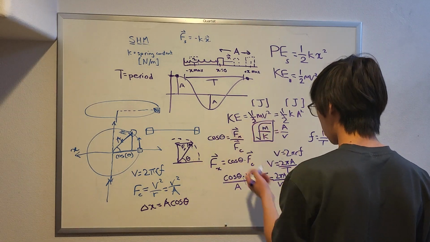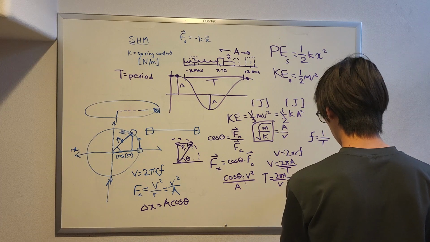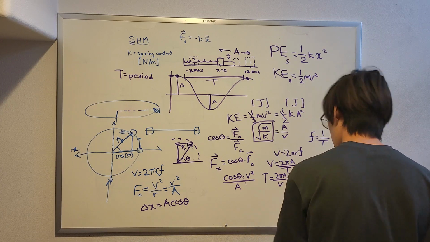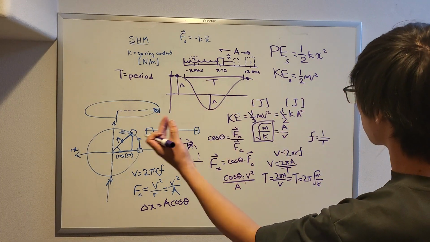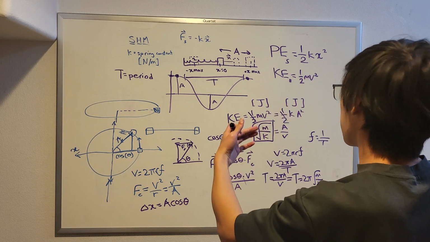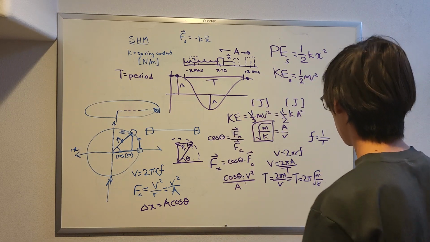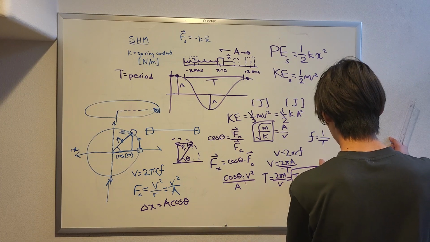It's right here. So this gives us t equals 2 pi times square root of m over k. So for a spring in one dimension, just looking along it horizontally, the period is given by t equals 2 pi times the square root of the mass divided by the spring constant.